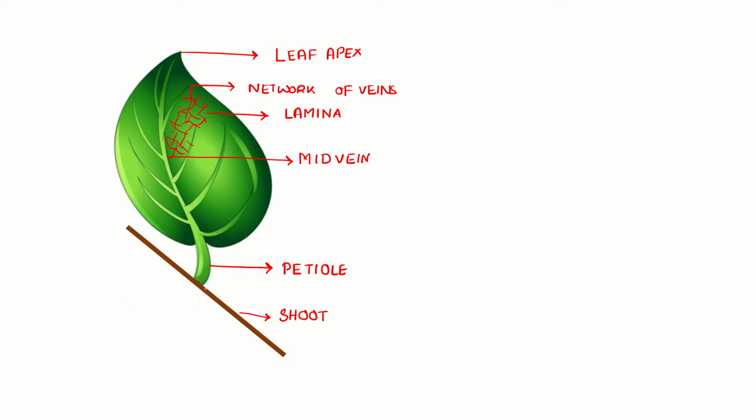From here you will often find green colored appendages coming out. These are known as leaf stipules or simply stipules, right?